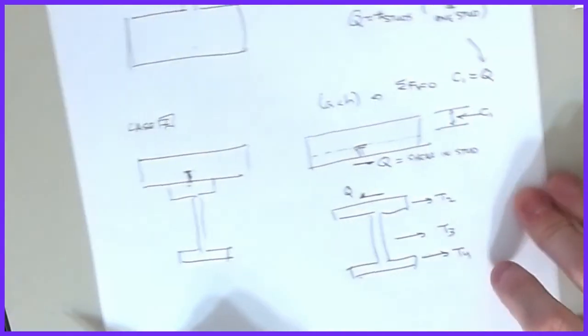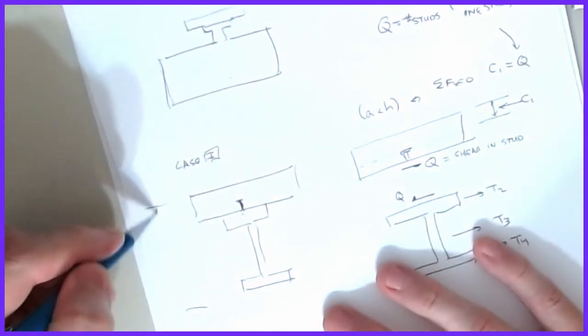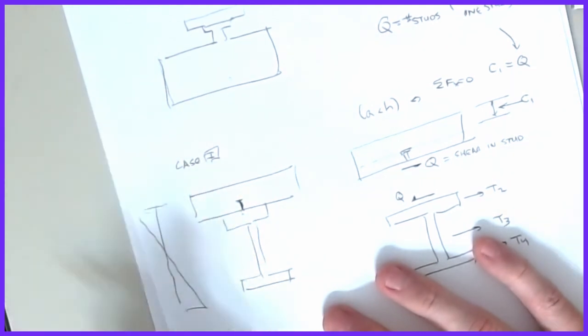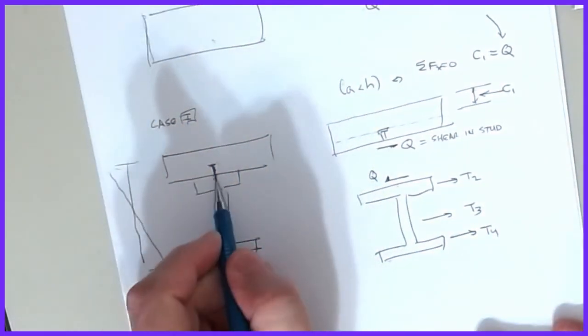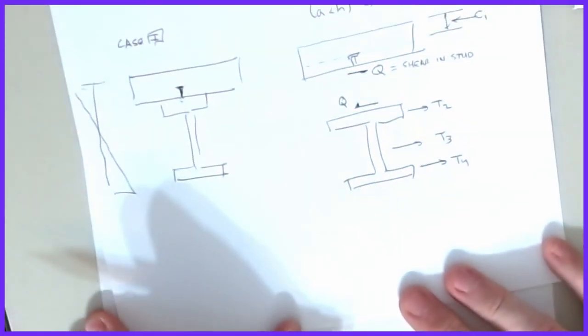And so what happens in this picture, I'll show you real quick. Right now, the strain diagram looks something like this. It's all uniform, everything's working together in one piece. What would happen to this diagram if I didn't have any studs at all, so that they weren't working together?